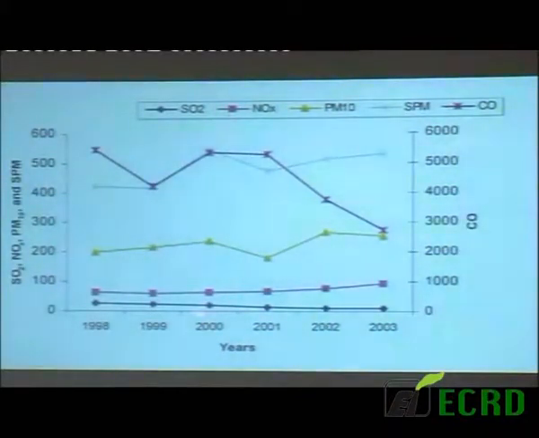You can see the impact of these measures on the air quality of Delhi at that time. So the levels are going down. For CO you can see it very distinctly, and other levels have not gone very high, otherwise they would have gone very high if we had not taken those measures, including alternate fuel, CNG and other things.